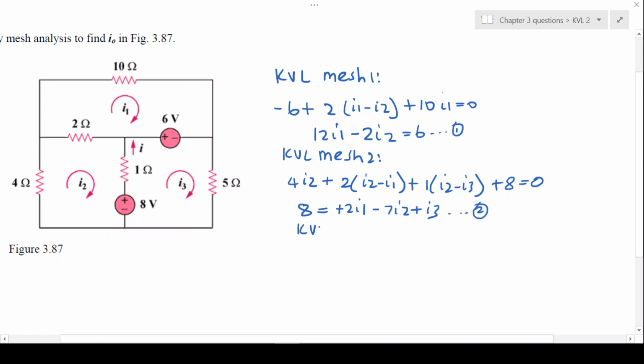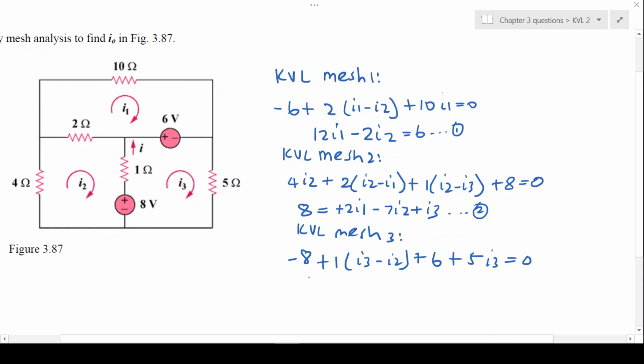If we then look at KVL mesh 3, we will then consider the voltages in mesh 3. So let's start off with the 8. We're going to say minus 8 plus 1 times I3 minus I2, that's the current shared in the 1 ohm resistor, plus 6 plus 5 times I3, that gives us 0.